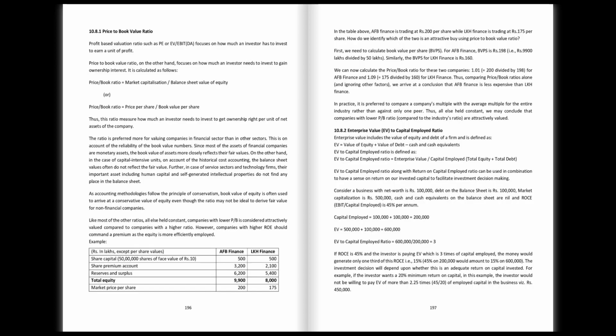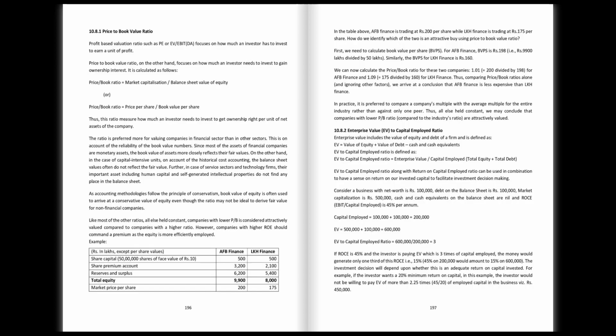We can now calculate the price-to-book ratio for these two companies. 1.01, that is, 200 divided by 198 for AFB Finance, and 1.09, that is, 175 divided by 160 for LKH Finance. Thus, comparing price-to-book ratios alone and ignoring other factors, we arrive at the conclusion that AFB Finance is less expensive than LKH Finance.